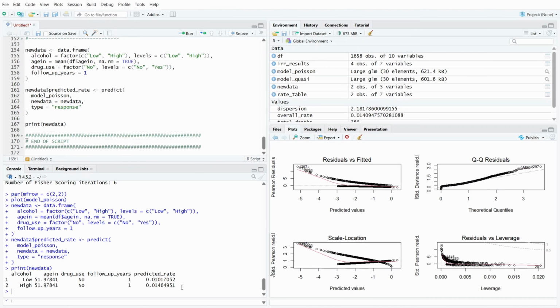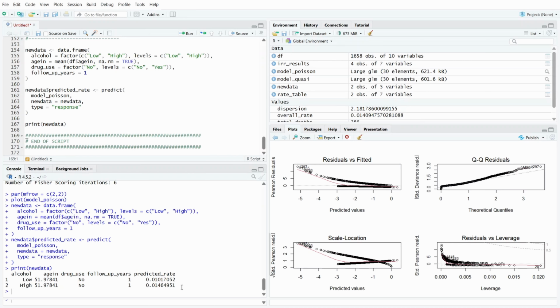That might look small in absolute terms, but remember, these are rates. When we compare them proportionally, the high alcohol group has about a 44% higher death rate than the low alcohol group. That aligns perfectly with what we saw earlier in the model coefficients and IRRs.